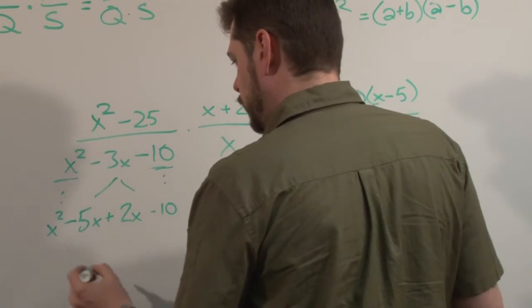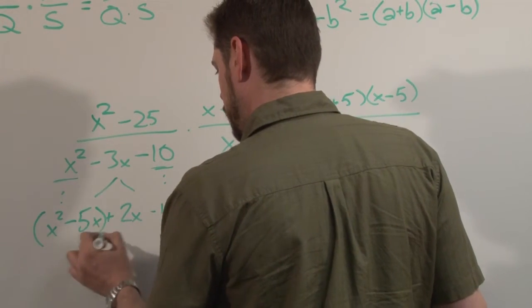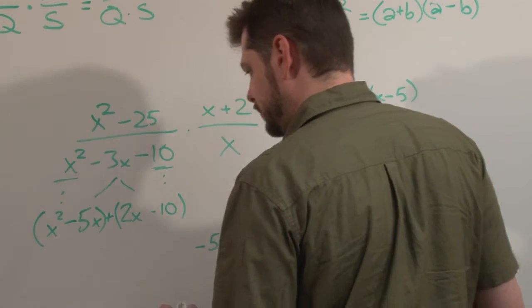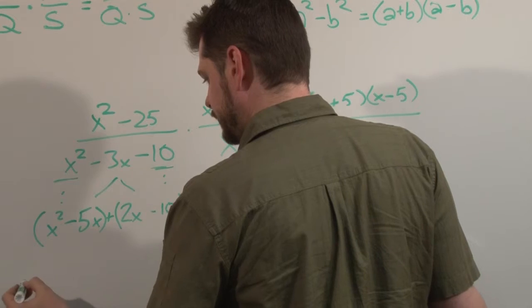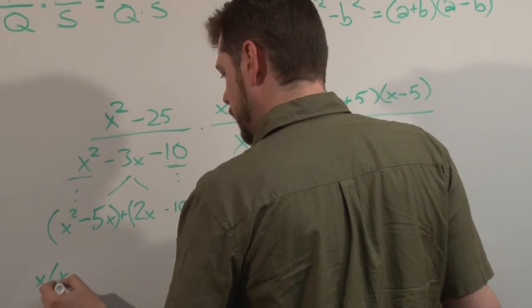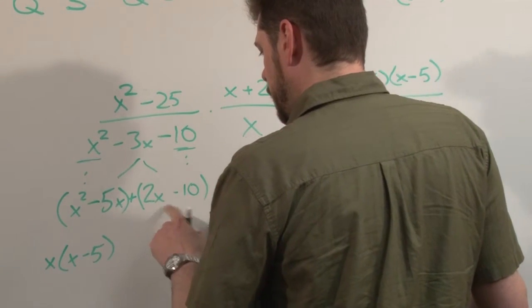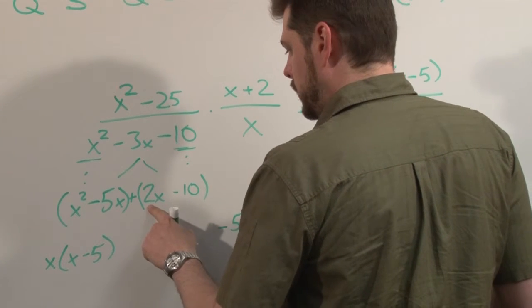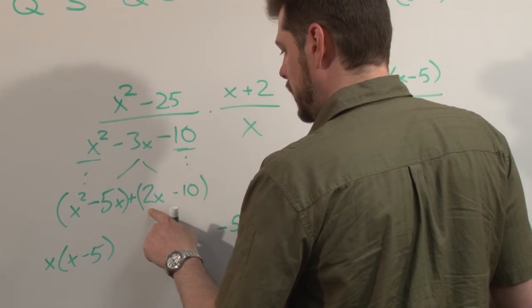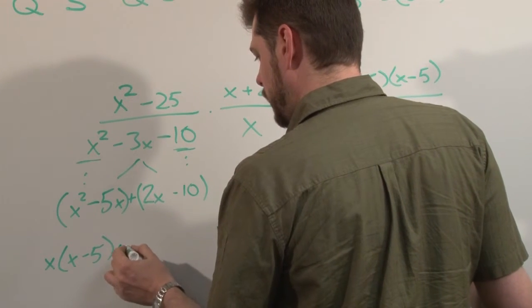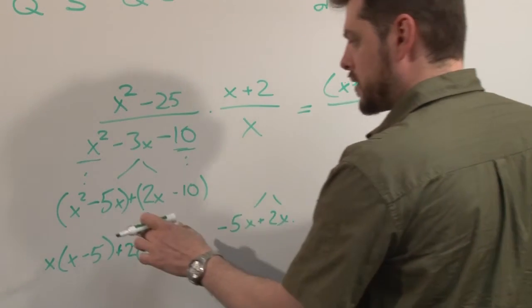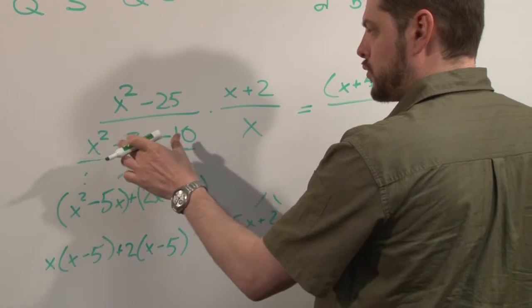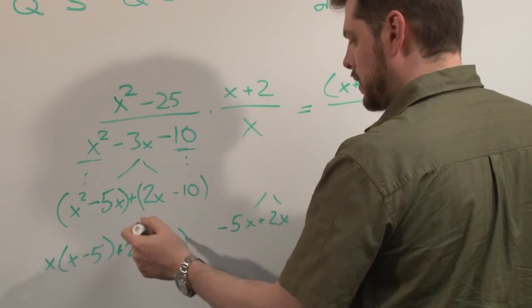And now I will group. I have an expression that I can group. I'm going to pull out a common term here, x, and I'm left with x minus 5. I'm going to pull a common term out of here, right? These both have 2. So I'll pull out a positive 2, and I'm left with x minus 5. This will always happen if a trinomial is factorable like this.